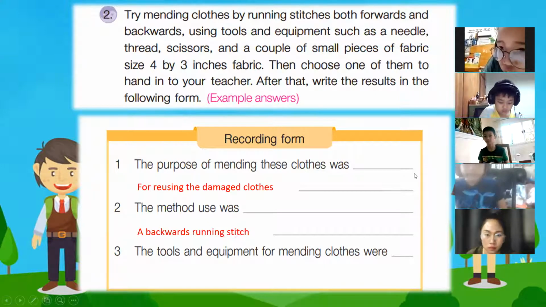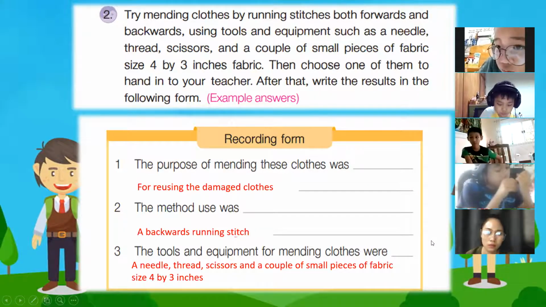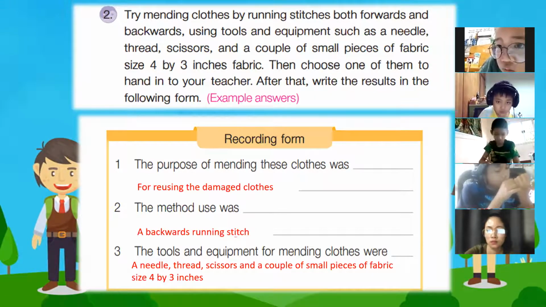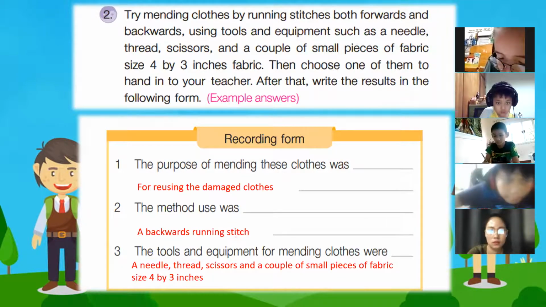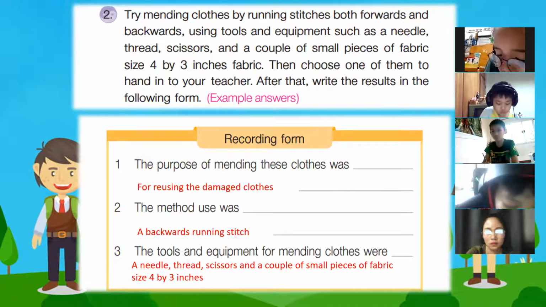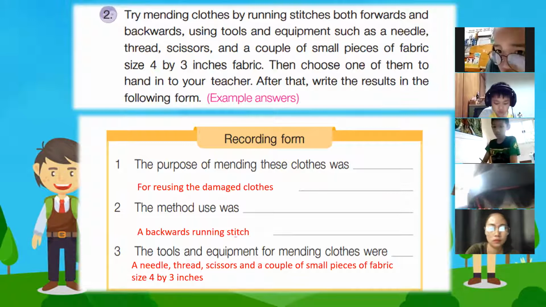And the third one, the tools and equipment for mending clothes. We already talked about it. We need needle, thread, scissor, and a couple of small pieces of fabric. The size of the cloth, you can say maybe 3 to 4 inches.